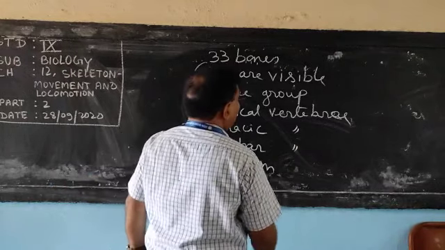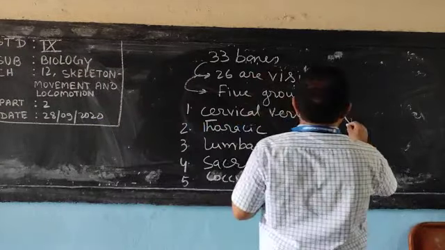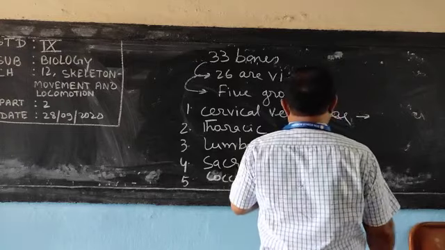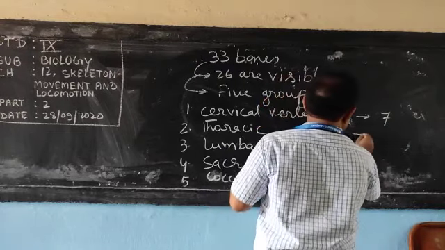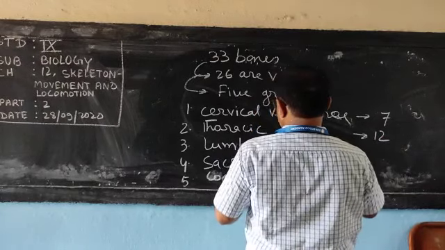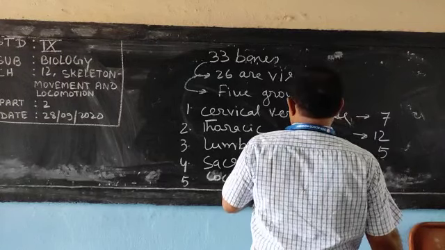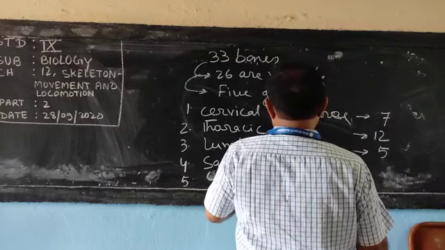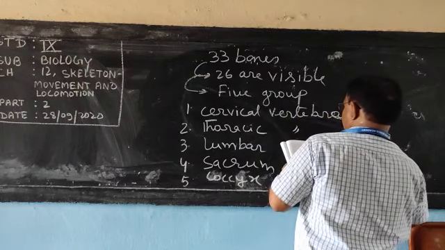Now, try to understand the number. How many bones are there in the cervical vertebrae? There are 7 bones. In thoracic, 12 bones. In lumbar, 5. And in sacrum, 5.